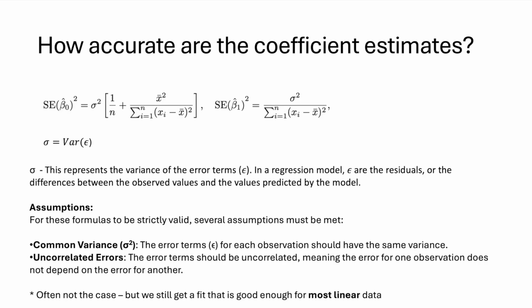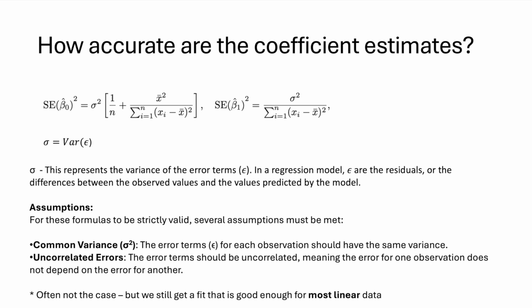For the formula, the standard error of a slope estimate, which is b1, is inversely proportional to the spread of x. You can see in this equation, and here sigma is basically the standard deviation of the error.